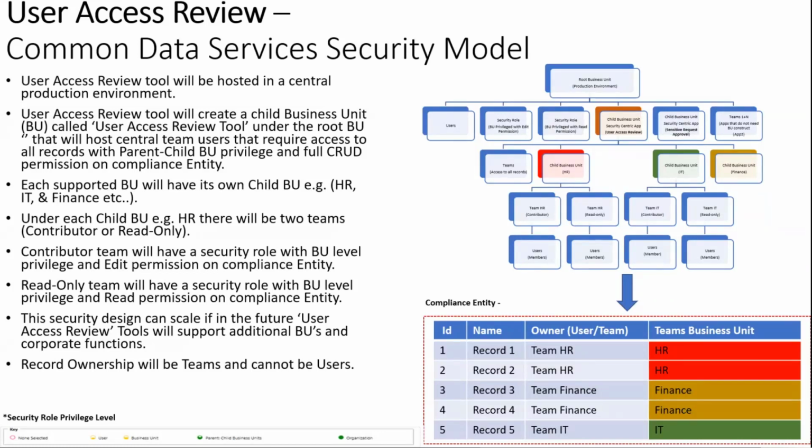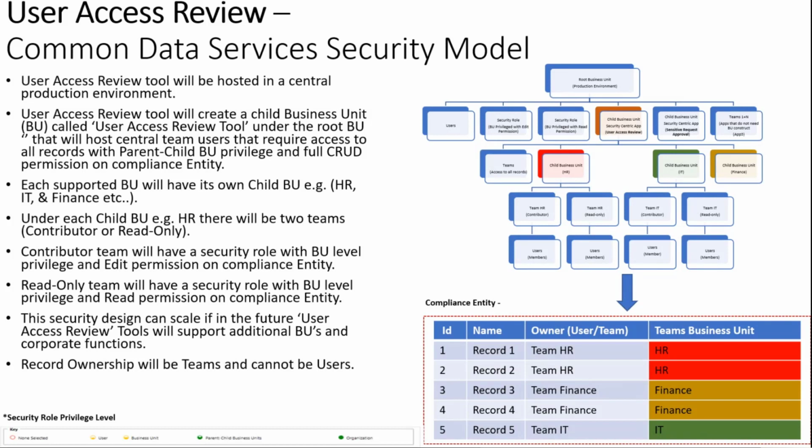And then they added users. They kept the users in the root business unit because they had requirements where a user could be in more than one team or more than one business unit, and one business unit would have more than one team. So that's how they went about designing it. And the way the compliance entity eventually translated the records was that when the record is created, they would assign the team.